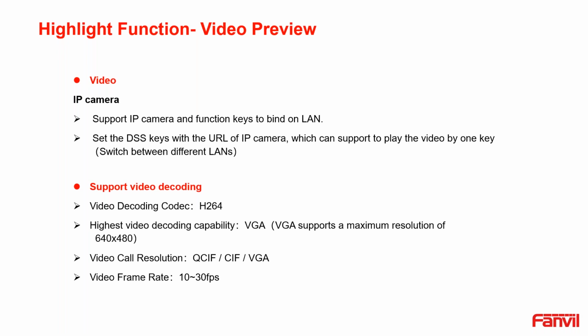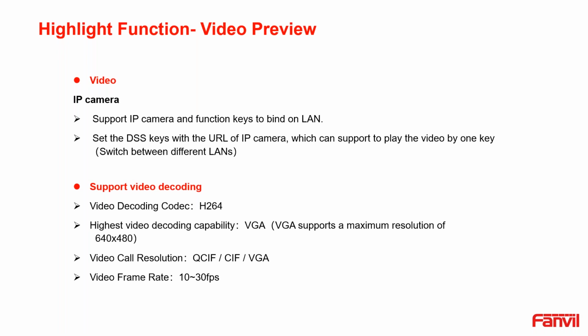The first restriction is that we only support the H264 codec. Other video codecs we will not support or decode, and it is also impossible to develop for this phone. The video codec is realized by hardware, not software. We cannot change it. So that's the first restriction.